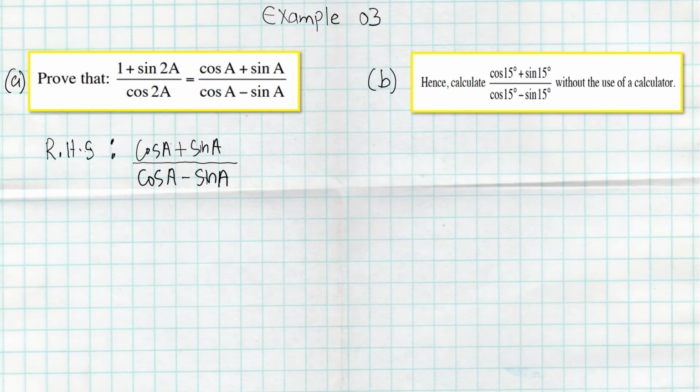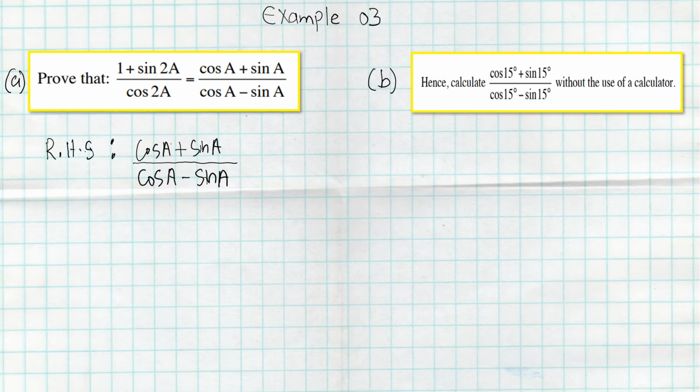Okay, let's look at the right hand side. You are given cos A plus sine A over cos A minus sine A. So in order to prove that, you can see that from your equation, really there's not much that you can do. Actually, someone can say, what's the first step that I can do? I don't know what to do, something like that, right?